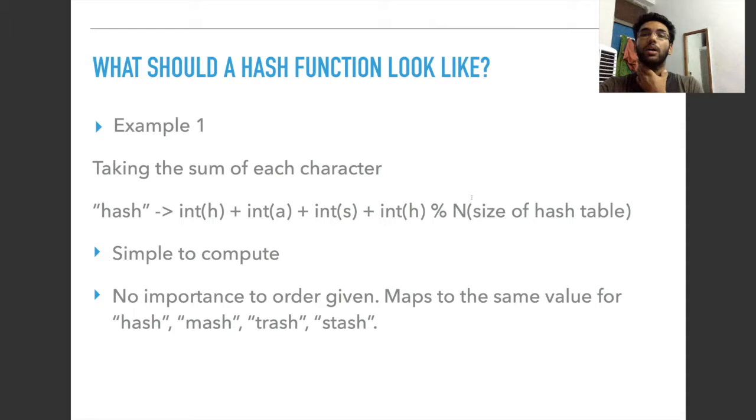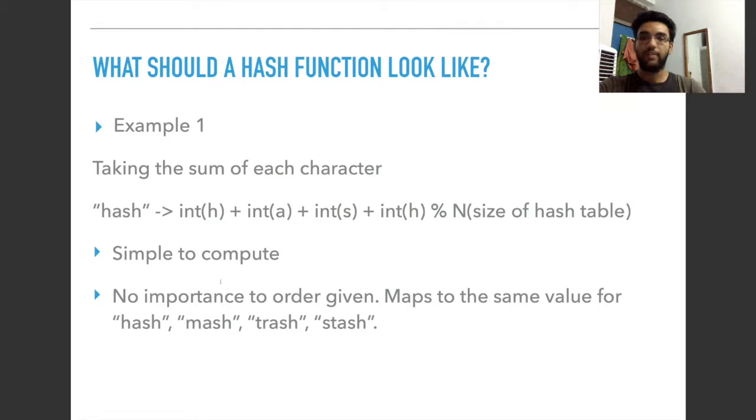Examples of how basic hash functions have been implemented: example 1, you can basically sum up each of the characters and mod by the size of the hash table. This is very simple to compute.